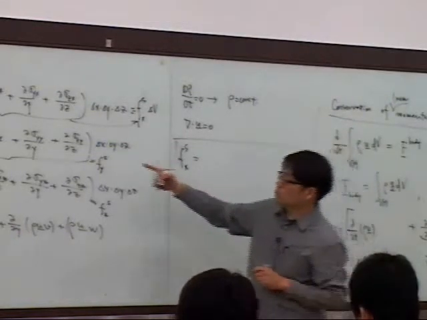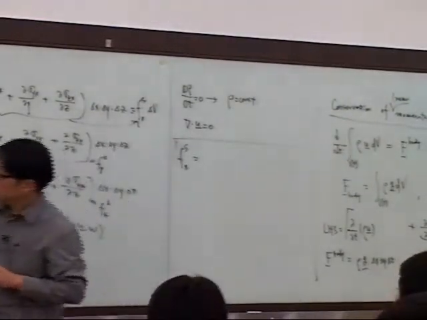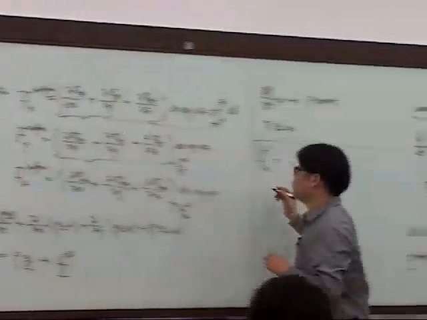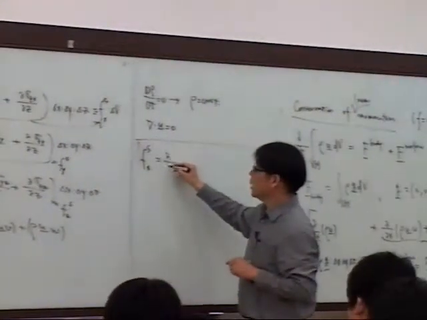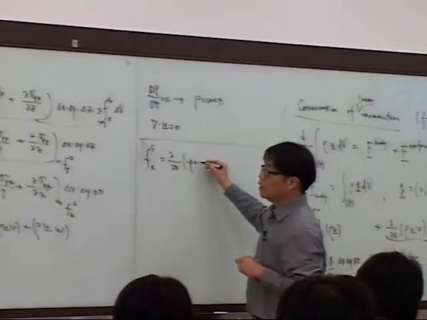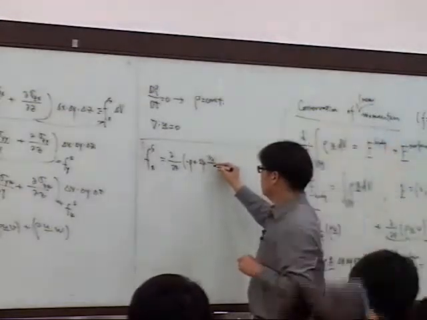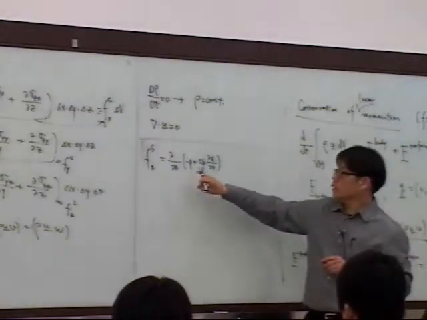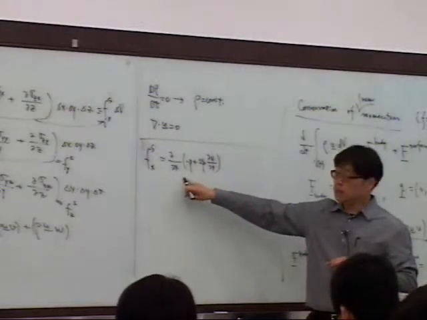And so when we plug this in here, then we end up with what? d dx of minus p plus 2 mu du dx, that's d sigma xx dx.